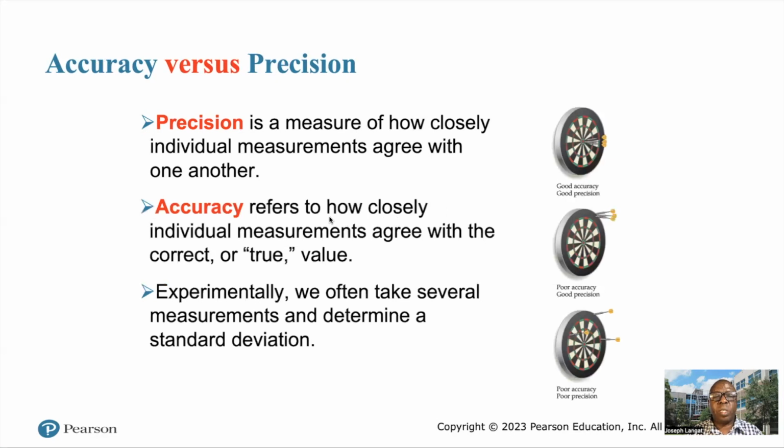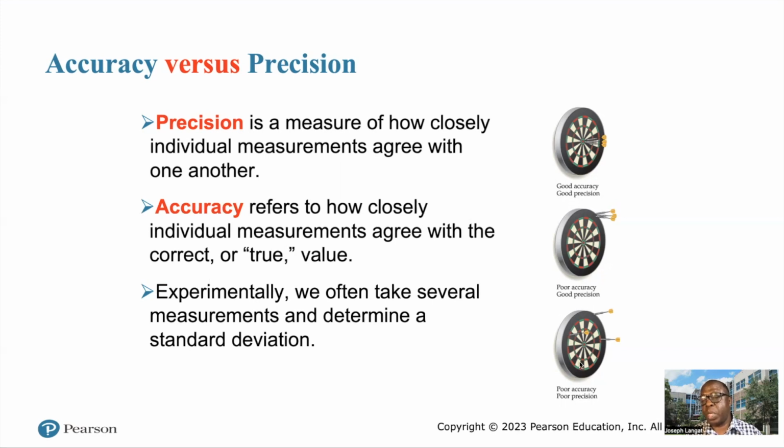This illustrates what is meant by accuracy and precision. Accuracy refers to how closely an individual measurement agrees with the true value. So here is good accuracy, good precision. This is good precision, but poor accuracy, because we want the arrows to be on the bull's eye.